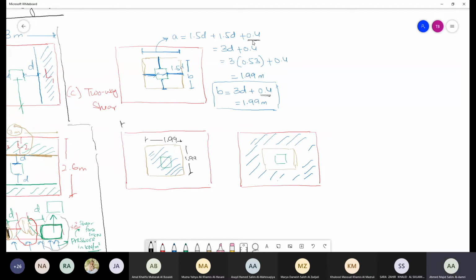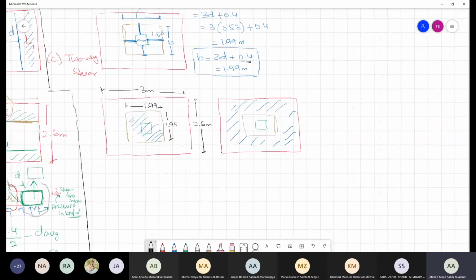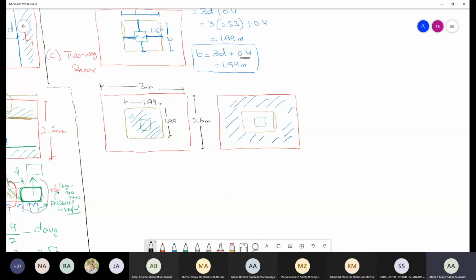And we know that this is 3 meters. This is my 2.6 meter. Can you give me how much is the inner area? Your inner area is 1.99 square. What about the outer area?